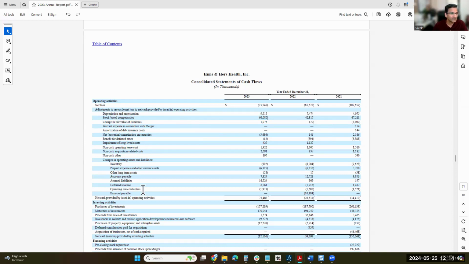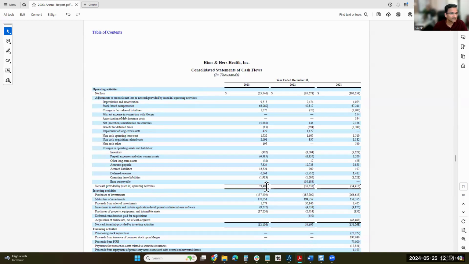And they are able to generate cash, 73 million, but the majority of it is coming from stock-based compensation. So I'll ignore that. Yeah, so it is positive cash flow, but the majority of it came from stock-based compensation. So not too bad, not great as well.